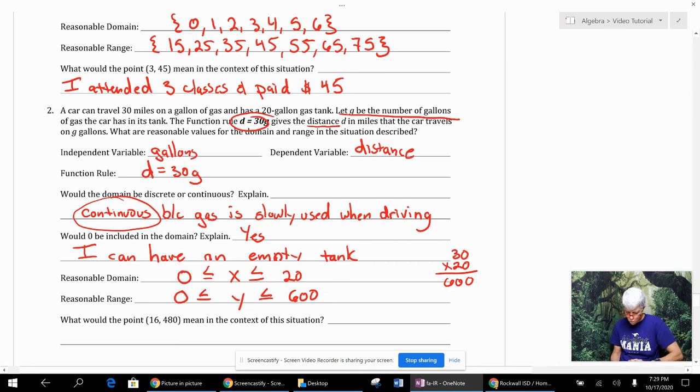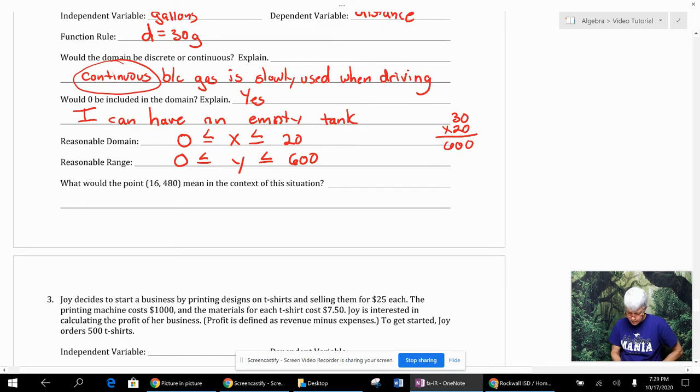So 16 gallons, and I drive 480 miles. Okay. Those are pretty basic.